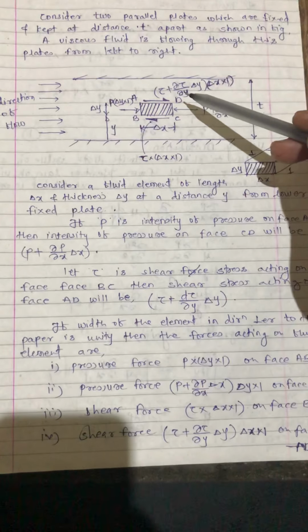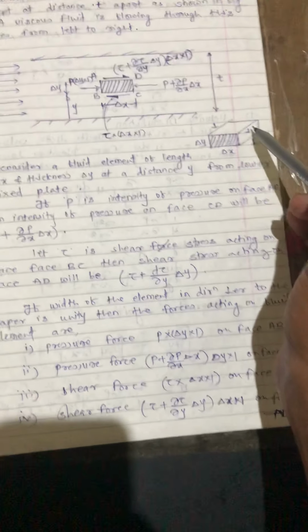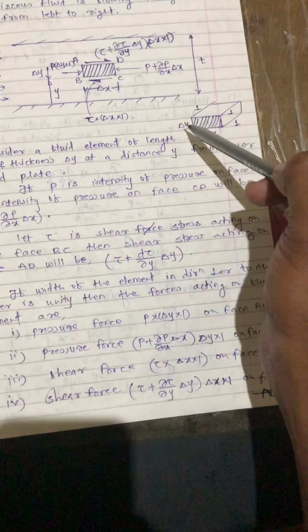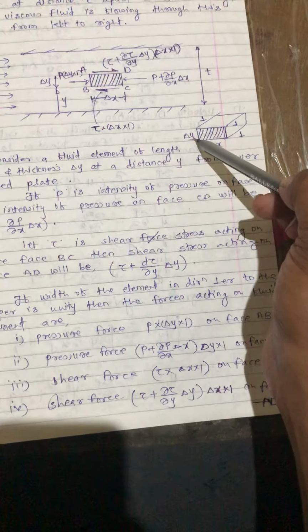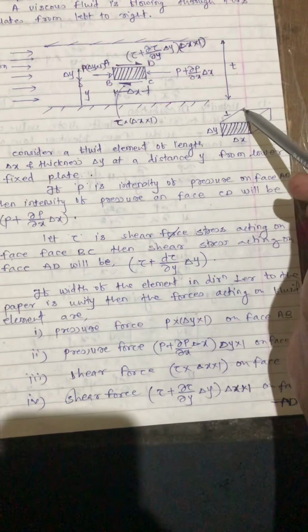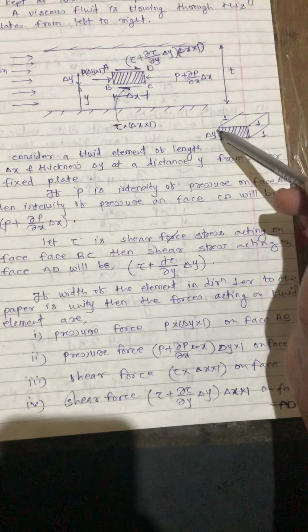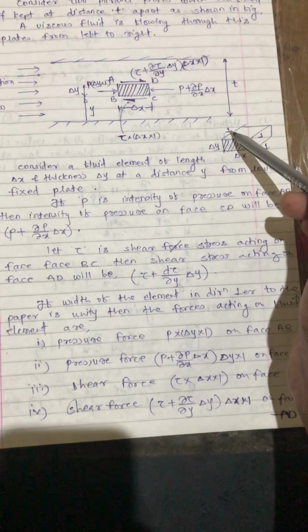Now this is the element of length delta x and thickness delta y, and the width of the element is assumed to be unity.